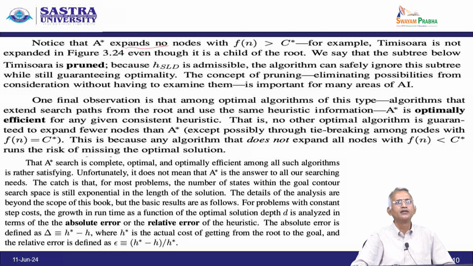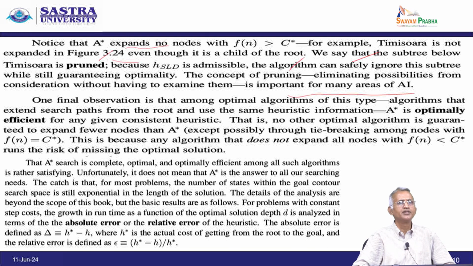For example, Timisoara is not expanded in figure 3.24 even though it is a child of the root. We say that the subtree below Timisoara is pruned, because the heuristic, straight-line distance, is admissible. The algorithm can safely ignore this subtree while still guaranteeing optimality. The concept of pruning, eliminating possibilities from consideration without having to examine them, is important for many areas of AI.